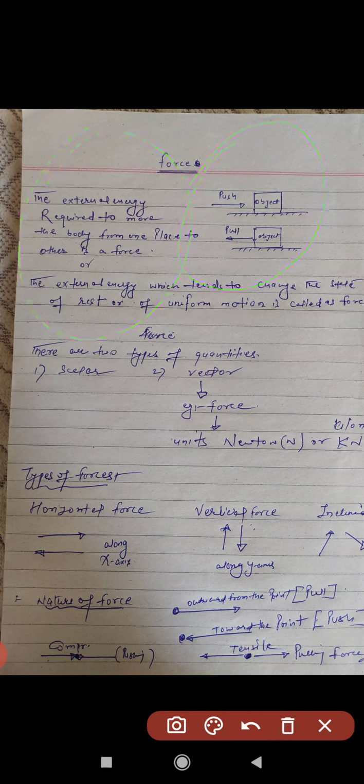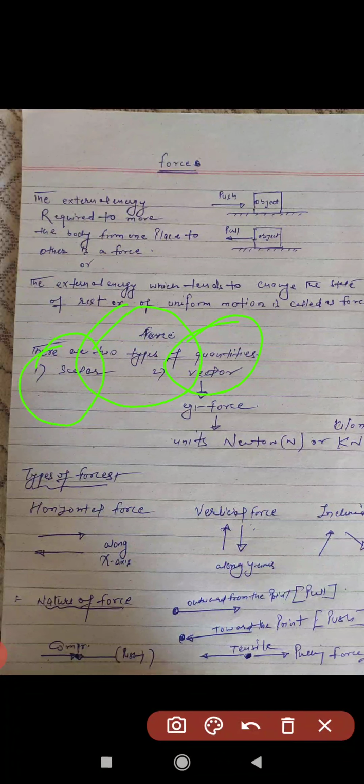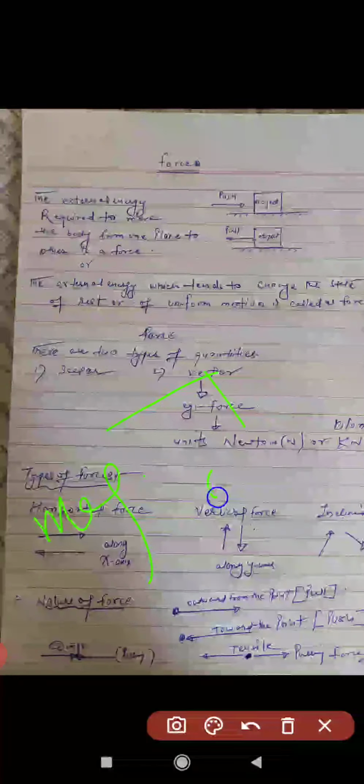Another thing is the type. We will discuss two types of quantities: one is vector quantity and the other is scalar quantity. Now I am talking only about force. Force is a vector quantity, and vector quantities are those having two things: one is magnitude and the other is direction.